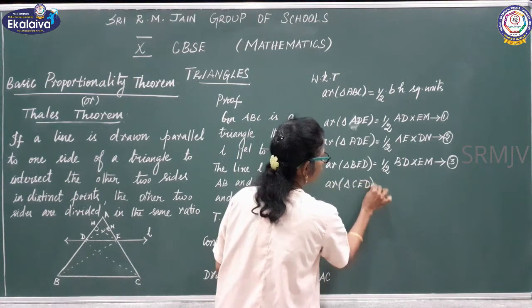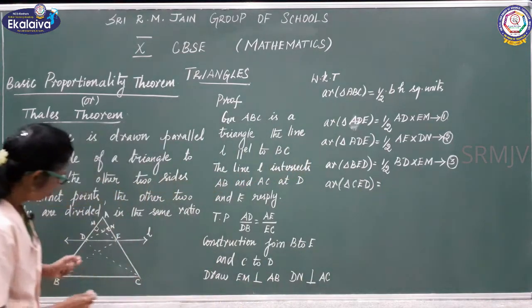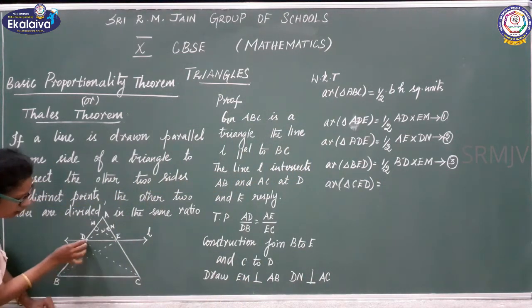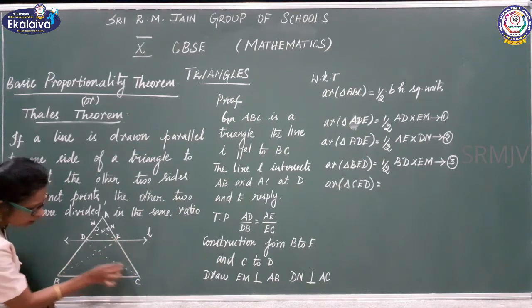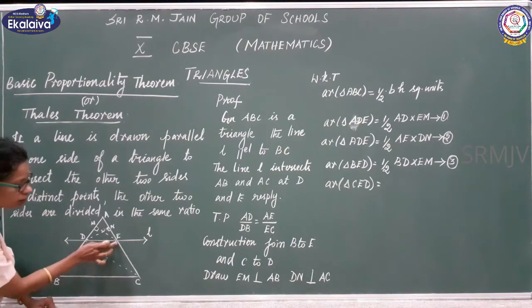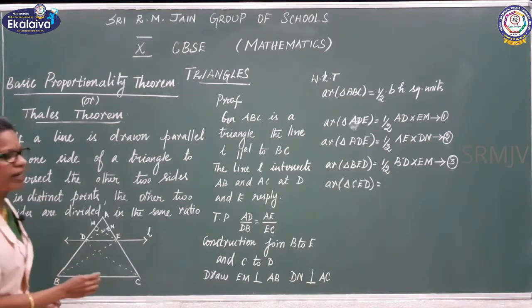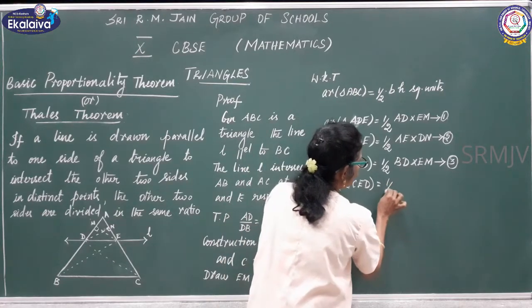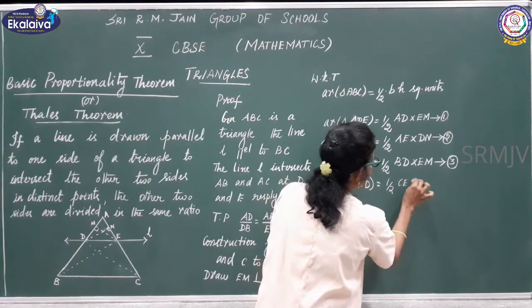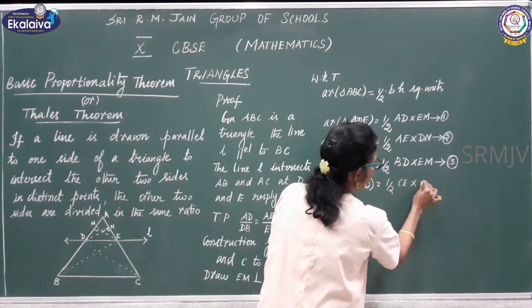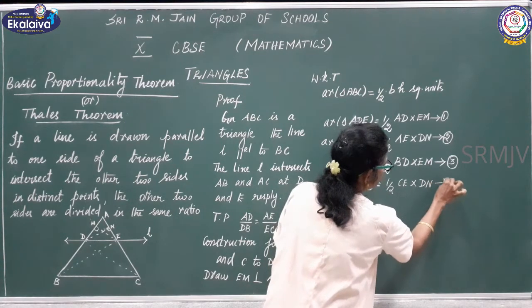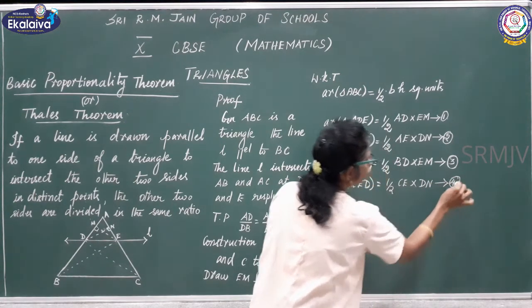CED, next triangle CED. Here which is your base? EC. Perpendicular height is what? Perpendicular height is DN, right? Half into CE into or EC into DN, that is equation number 4.